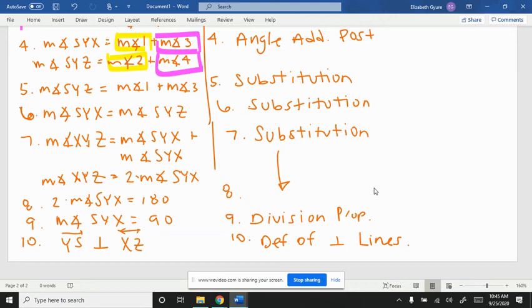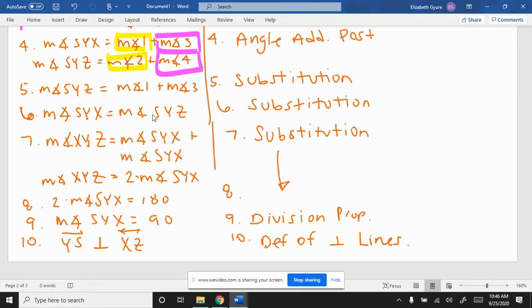Oh yeah, and then use the definition of an angle bisector. That would be okay too. Yeah, that could also work. So once you say that these angles are equal, wherever we did that, like step 6 here, you could say you had a bisector, and that would be the definition of an angle bisector.